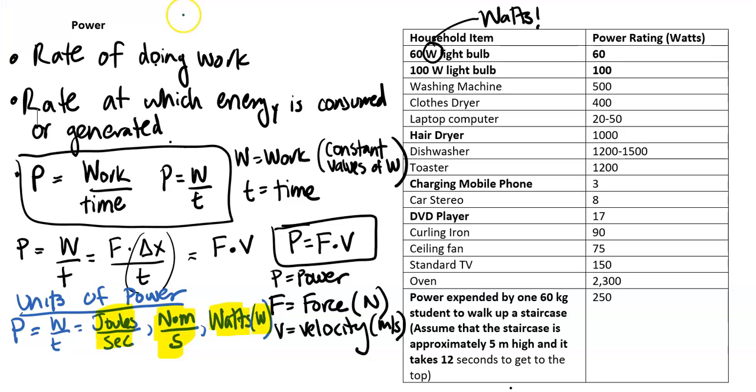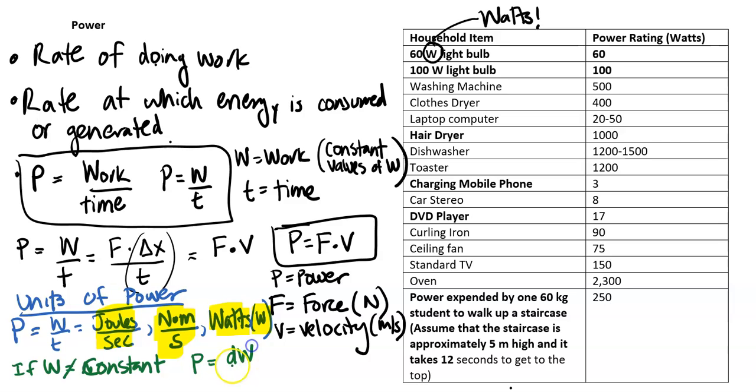So one more equation, which we're not going to use in this class until later on in the year, but I want to give it to you right now. If work is not constant, and again, that symbol, equals with a not over it, means it's not constant, then this is when we have to use our ideas of calculus.